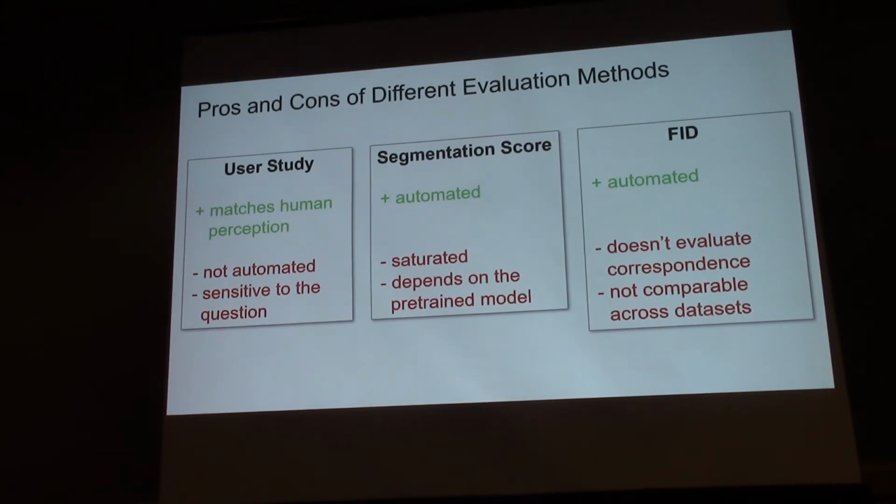One of them was the semantic segmentation score, but I think this metric has already saturated, as you can see in the graph comparing with the ground truth result. It's also dependent on the pre-trained segmentation model. Lastly, we have FID. It's automated, but the drawback is that it doesn't evaluate the correspondence to the original semantic segmentation. So even if it ignores the semantic segmentation map and just generates any random realistic image, it's still going to get a very good FID score.